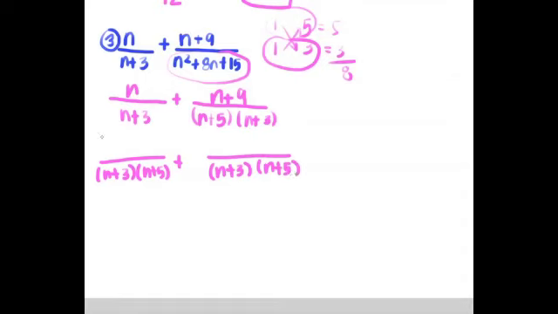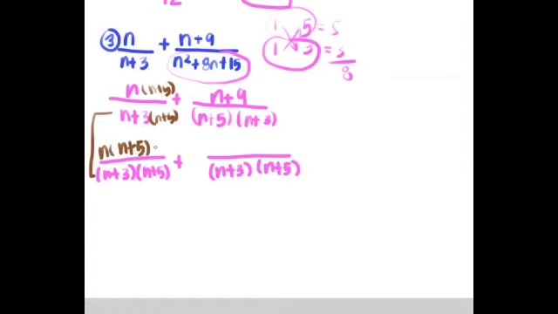Okay. Now looking at the denominators here, from there to there, what's new? I started with an n plus 3, now I have an n plus 5 also on the bottom. So what's new is that I now have to multiply by an n plus 5 there, and then an n plus 5 there. So on the top now, I have an n times n plus 5.